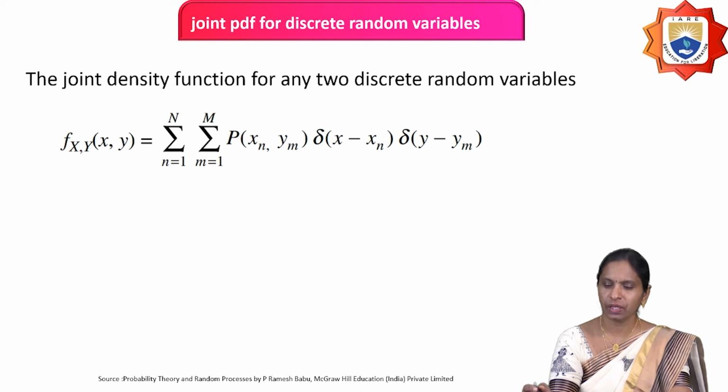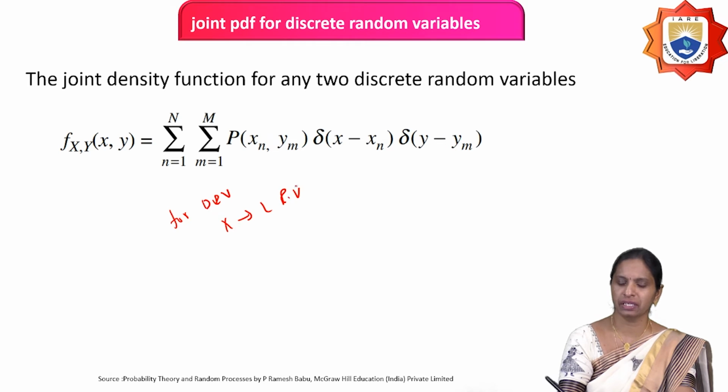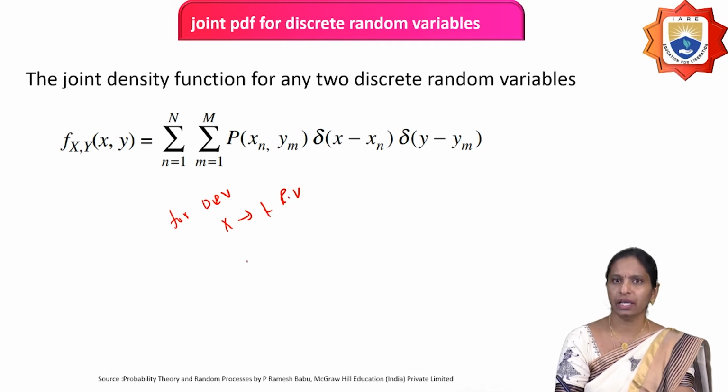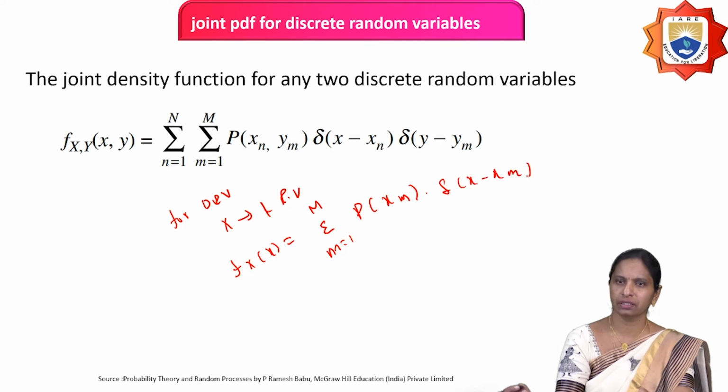So, next we will see the joint density function for discrete random variables. We have seen for discrete random variables, if you take a single random variable x, let us say only one random variable, then how can you write down the density function of that random variable? Fx of x is equal to sigma m equals 1 to M, p of xm into del of x minus xm.